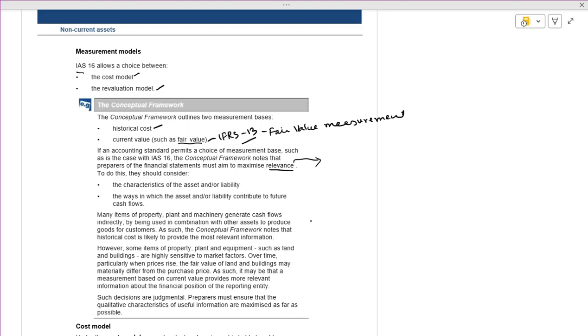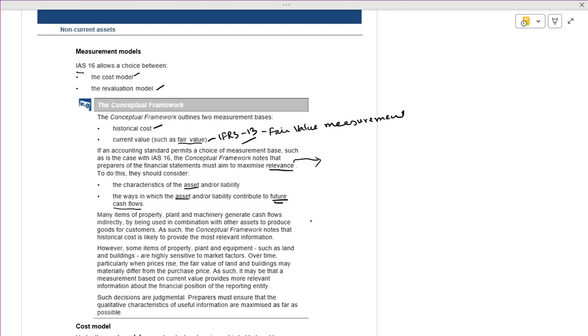Qualitative characteristics make a very distinct impression on the understanding of the subject. What are the characteristics of an asset or a liability, the ways in which the asset or liability contributes to the future cash flows.